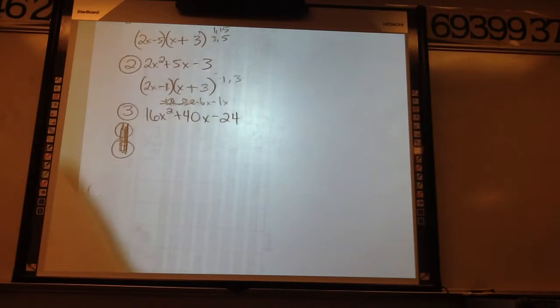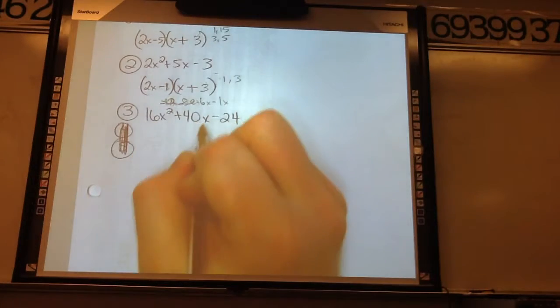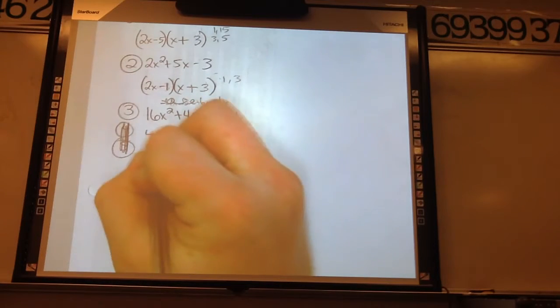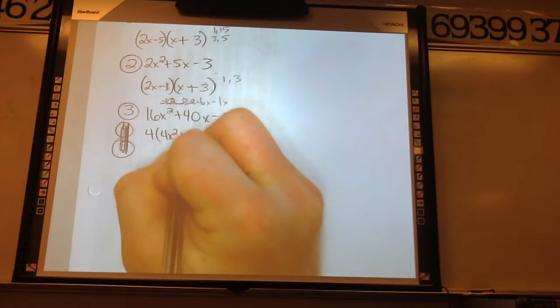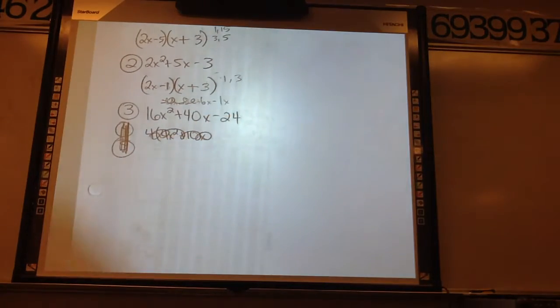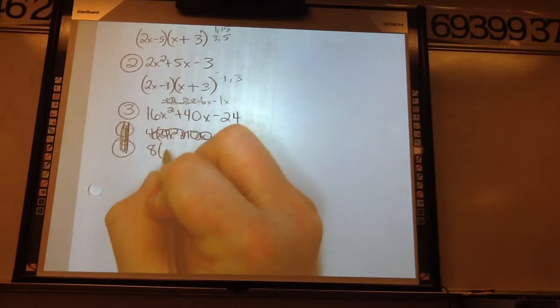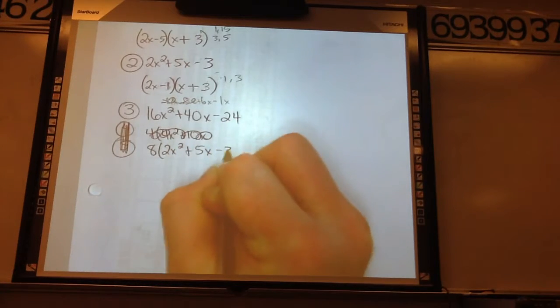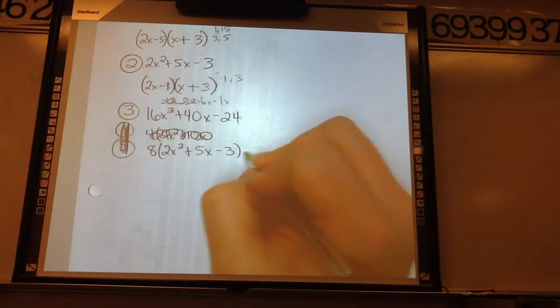Oh, no. Factor the greatest common factor. You should always do greatest common factor first. That'd be a 4, and then you get 4x squared plus 10x. Oh no, there's bigger than 4. It's 8. So 2x squared plus 5x minus 3, same thing as the top, and then it's the same thing as that one.